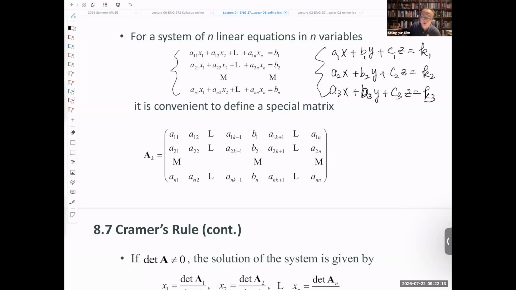For this class, you'll be given 3 equations and 3 unknowns again, and I can ask you to find the solution using Cramer's rule.